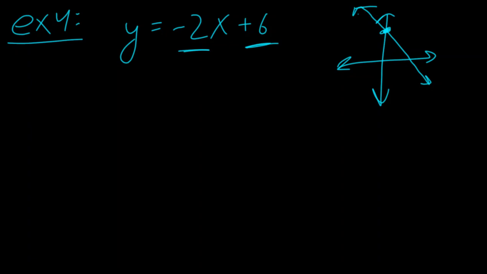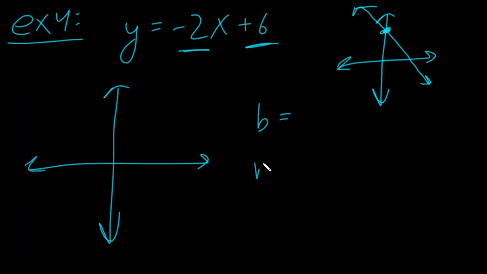But let's put some specifics to it. Oh, and in the last one, I put my m first, but I would always prefer you write your b first just because it's our starting point. So we know that our b term, our y-intercept, is positive 6, which means we got to increase 1, 2, 3, 4, 5, 6. We will put our very first point right there. Now beyond that, our slope is negative 2.